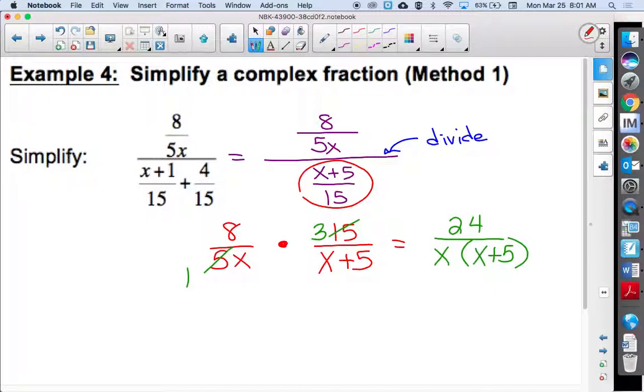That's a method of breaking something down or simplifying it. So this would be our final answer. As long as that 24 can't reduce with anything underneath it, then it's simplified. Questions? So that was method 1 with using a complex fraction. So we're really taking the top and dividing it by using the reciprocal of the denominator.